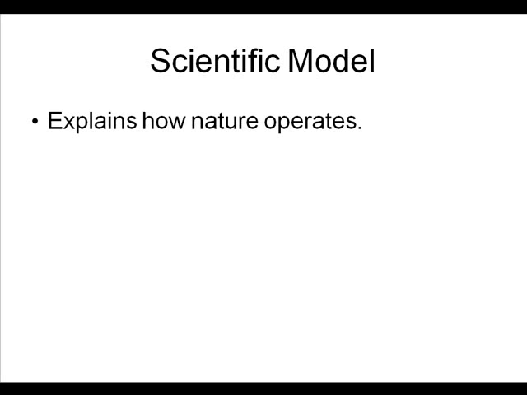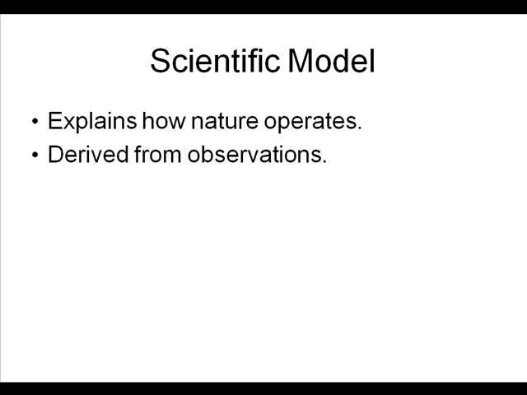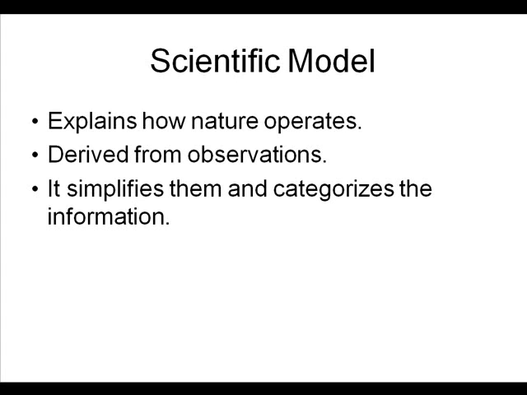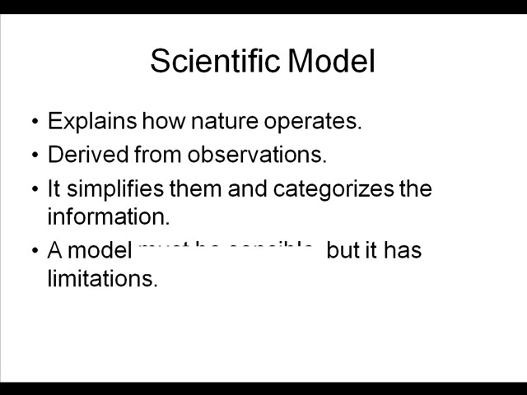Now, what exactly is a scientific model? A scientific model explains how nature operates. It's always grounded on observations or experimentation, and it simplifies, categorizes and connects these different observations into one unifying idea.